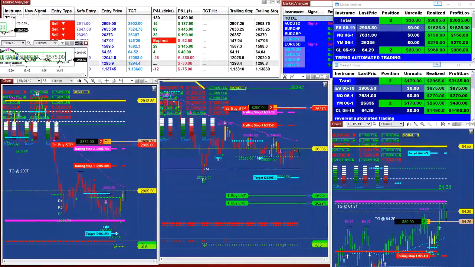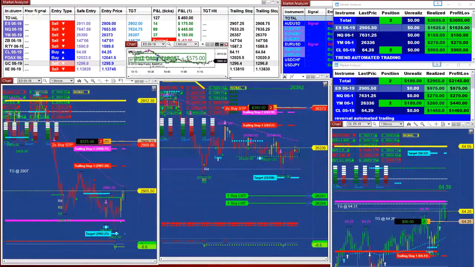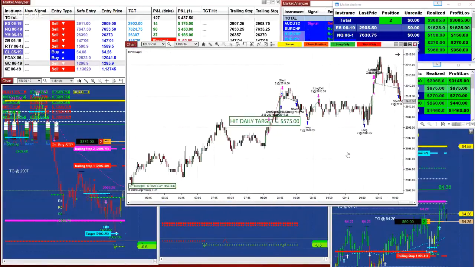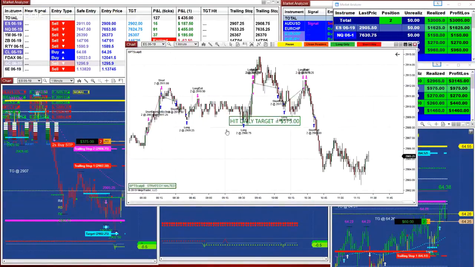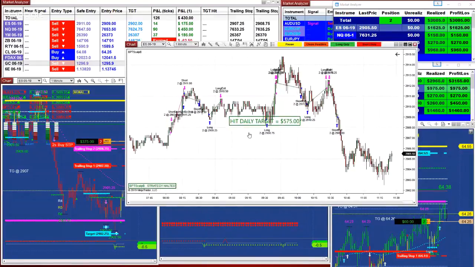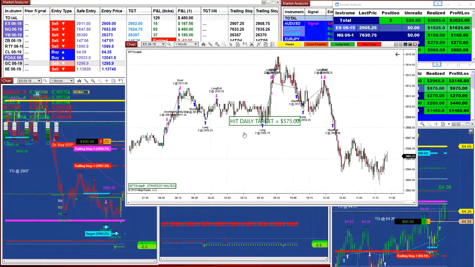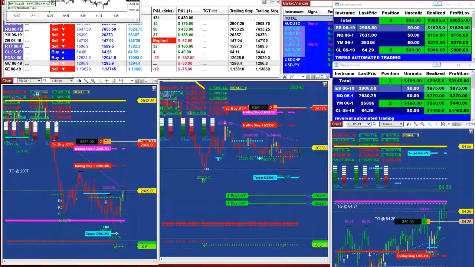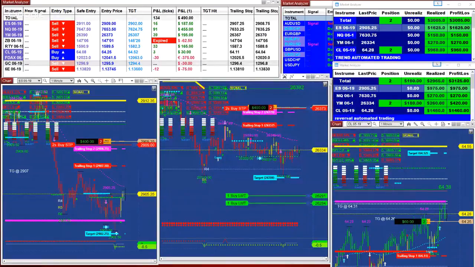We have the ES 1-minute. Took a lot of trades, actually. It hits all of them. Target is 500, and this one got 575. The 75 is to your broker. You have to think about it as tip to your broker.